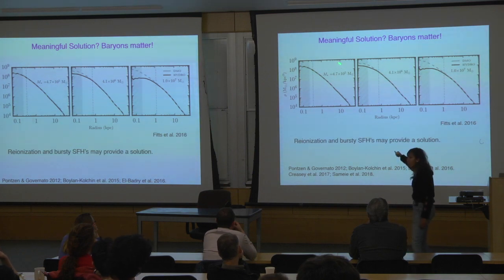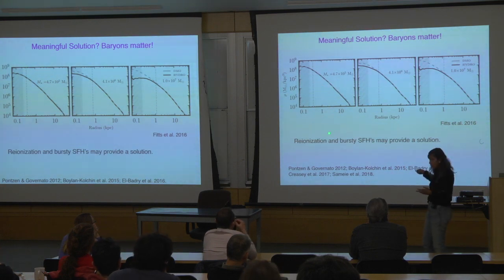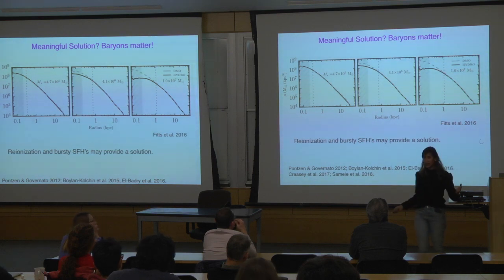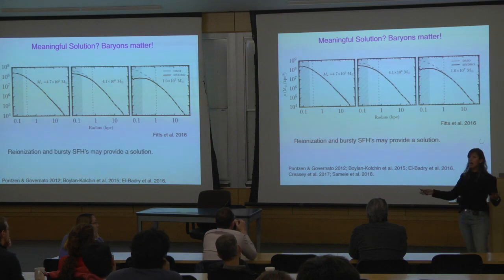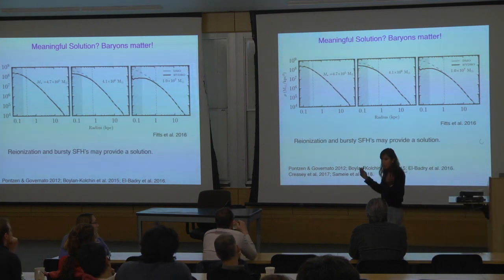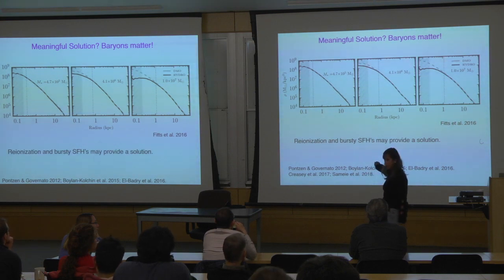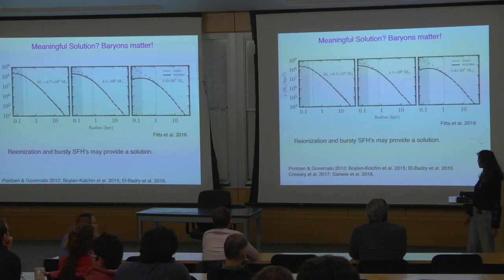And then in this very small, wimpy galaxy that only has 10 to the 5 stars, you can see that the dark matter only and hydrodynamic simulation, so when you add baryons, give you the same profile. Okay, so this galaxy doesn't have enough stellar content by which you could have this bursty star formation history that could change anything. Okay, so in this particular case, baryons don't help.